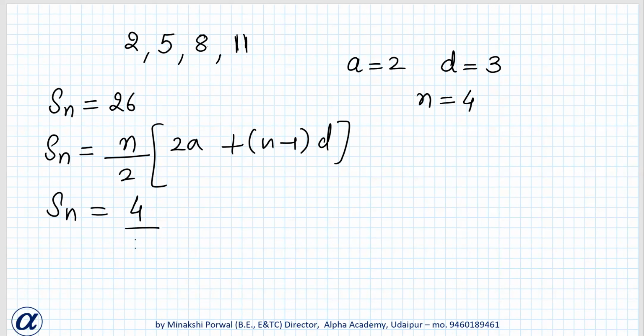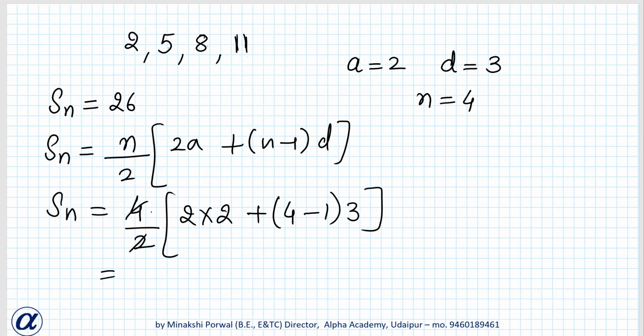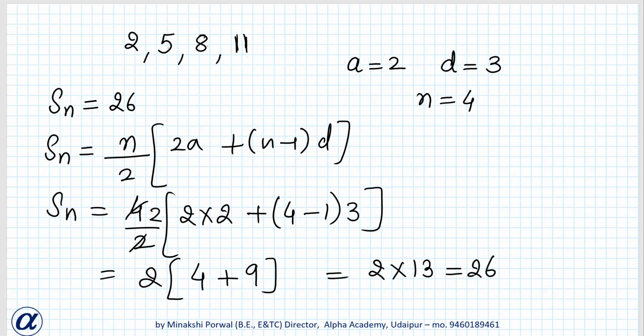The number of terms is 4. 2A is 2, n is 4, minus 1 into D is 3. So 4 by 2 is 2. 2 into 2, 4. 4 minus 1, 3. 3 into 3, 9. So that is equal to 2 into 9 plus 4, 13. That is equal to 26. So this is how we get the result by this formula.